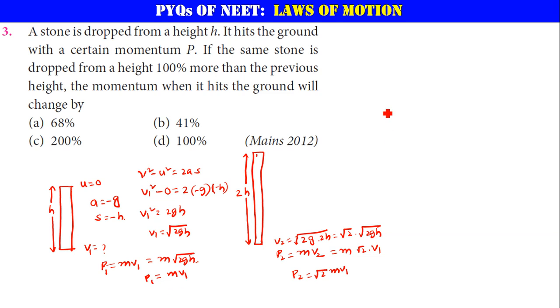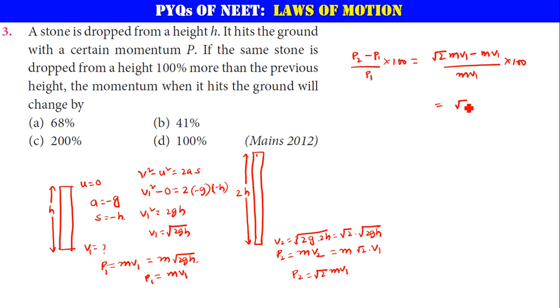Very good. Now he is asking about percentage change in the momentum. So that is nothing but final momentum minus initial momentum by the initial momentum into 100. What is p2 here? Root 2 m v1. What is p1? m v1, divided by m v1, into 100. Okay, if you take m v1 common, it will get cancelled out.